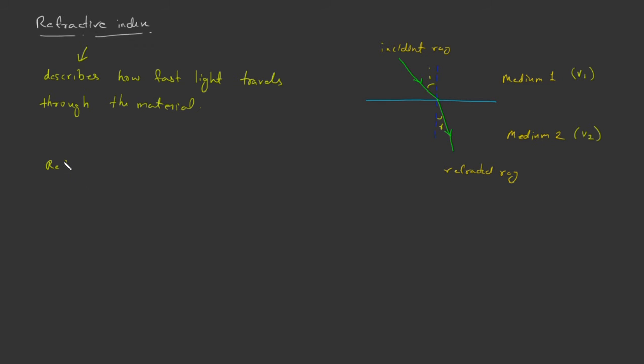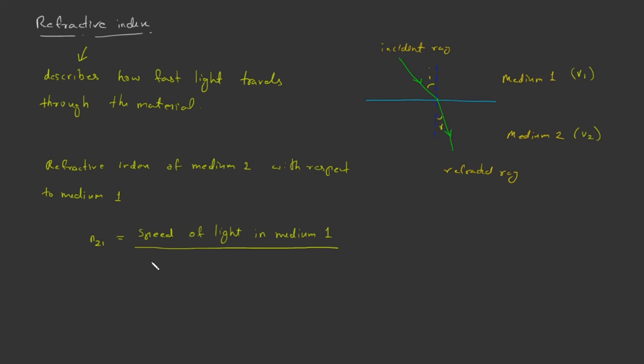Then the refractive index of medium 2 with respect to medium 1, we normally represent it as n21, which is equal to speed of light in medium 1 divided by speed of light in medium 2, that is v1 divided by v2.